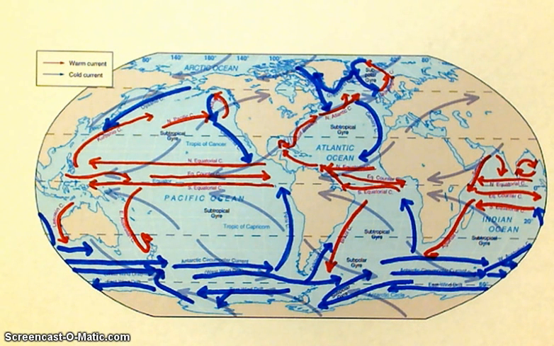But you notice that there are also some other gray arrows that we need to talk about. I want you to take a black marker and trace over those. Those are actually our surface winds that we've talked about previously, and they're going to influence the way that surface ocean currents circulate. So take a black marker and mark those surface winds.